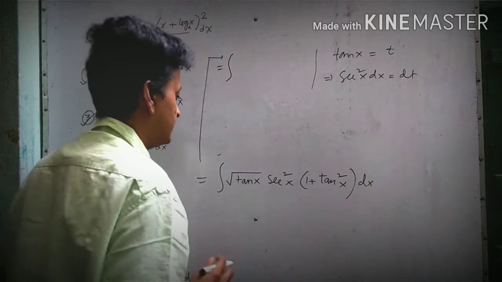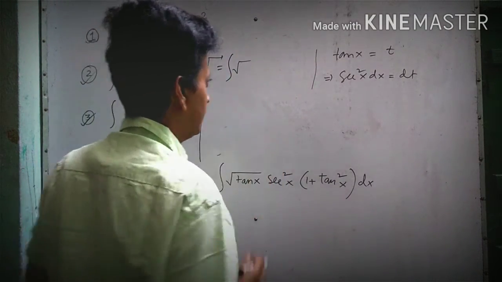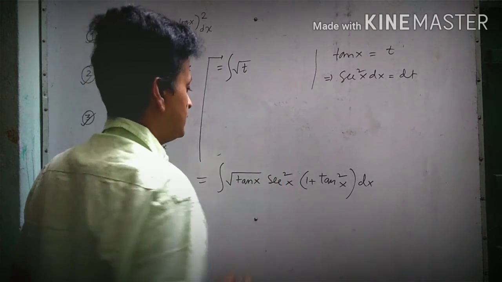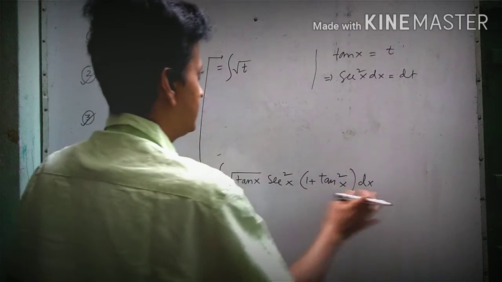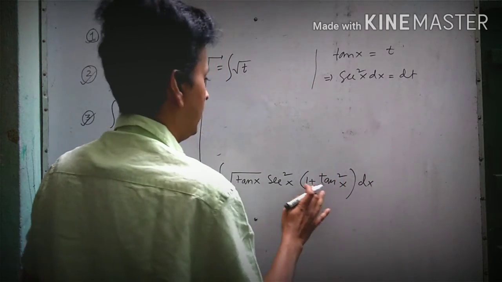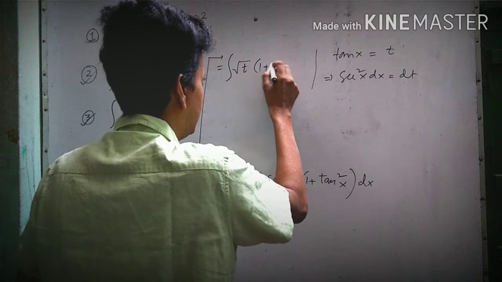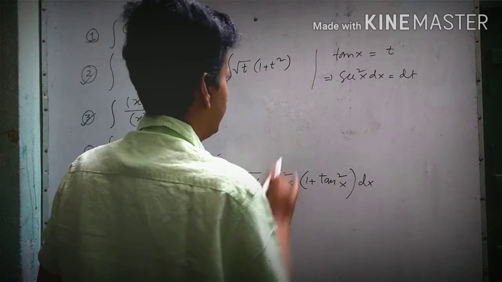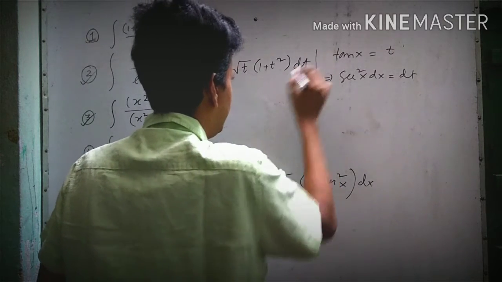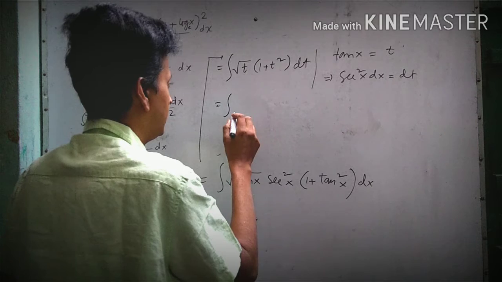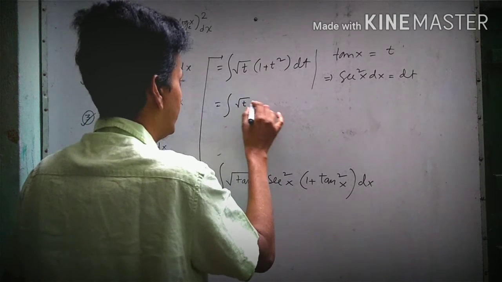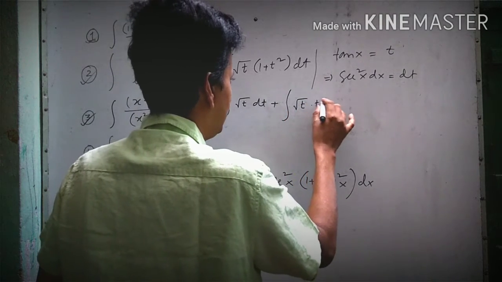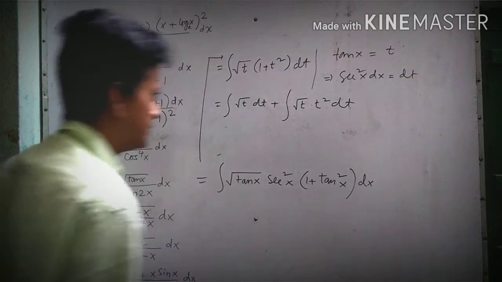Therefore we get root over of t, sec square x dx, that is dt, and 1 plus tan square x, that is 1 plus t square. So we get integration of root t dt plus integration of root t into t square dt.